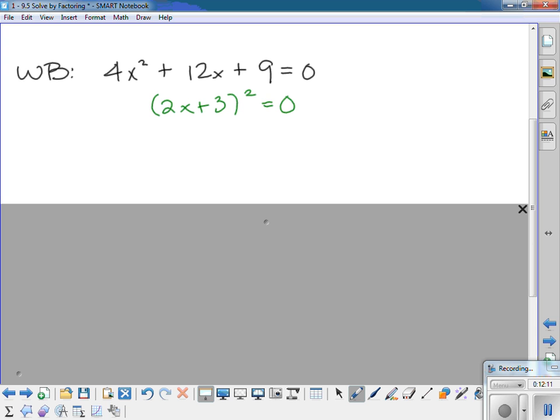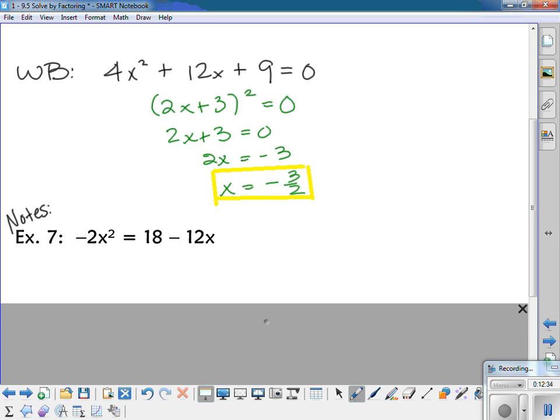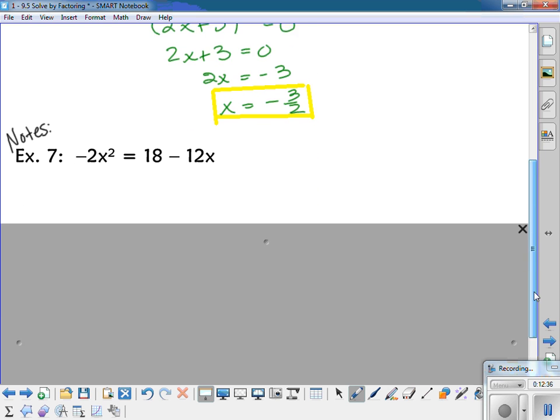Yeah, it was a perfect square trinomial, so it was 2x plus 3 squared, which means 2x plus 3 has to equal 0. You subtract the 3, 2x is -3, and then divide to -3 halves. Okay, again, don't be lazy. Go ahead and write the steps out so you don't end up telling me it's 2/3 just when it's really -3 halves.